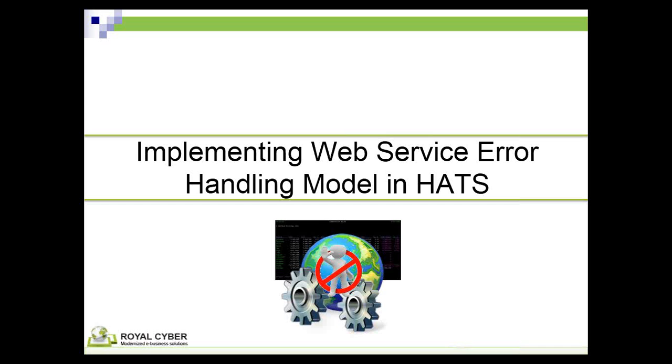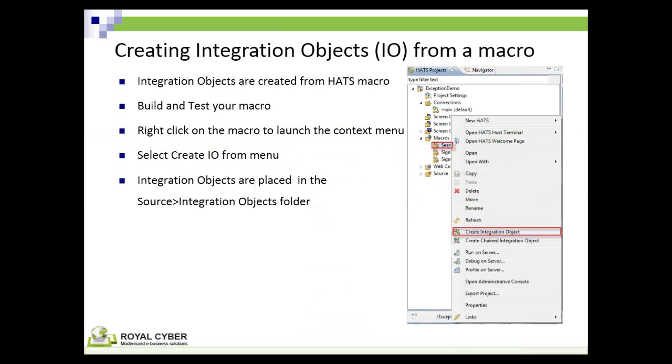Now I'm going to show you how the error handling framework is implemented in HATS. You create a macro, and in this slide you can see that we are creating a chained integration object from the macro.